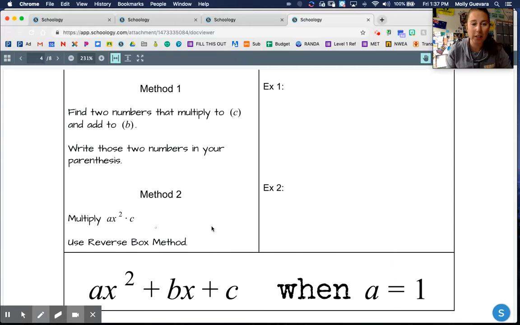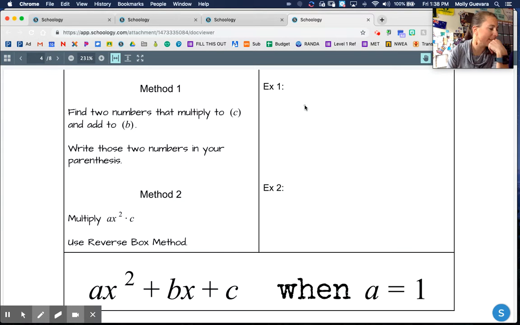Method 2 takes a little bit longer, but it'll work for both. So if you only want to learn one method, I would go with method 2 in the reverse box, which we hopefully remember from Algebra 1. But I'm going to show you method 1 first because it's pretty quick, and then we'll go into method 2.